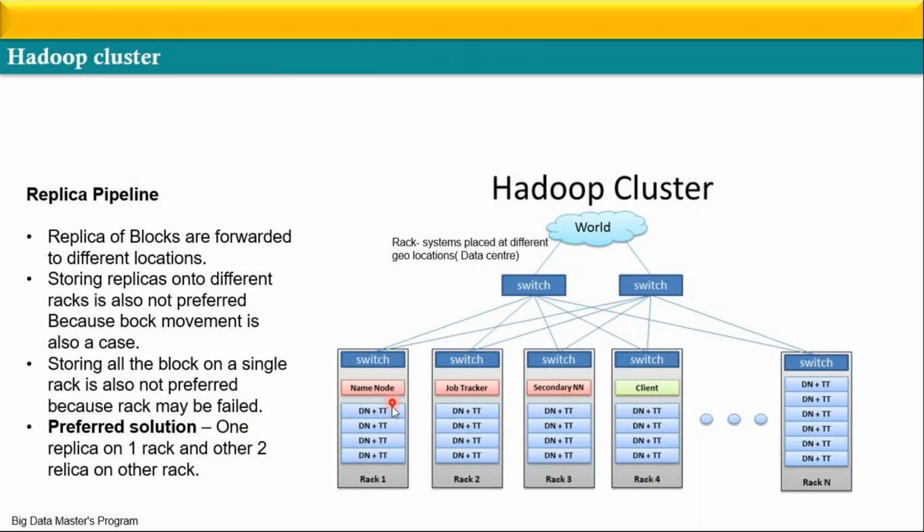So how is the name node going to get this information? Based upon the latency and distance, a certain calculation will happen over there. That is Hadoop's duty.